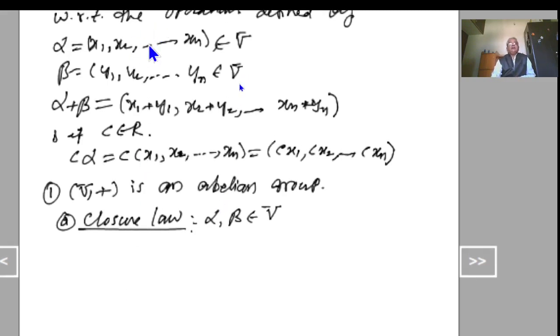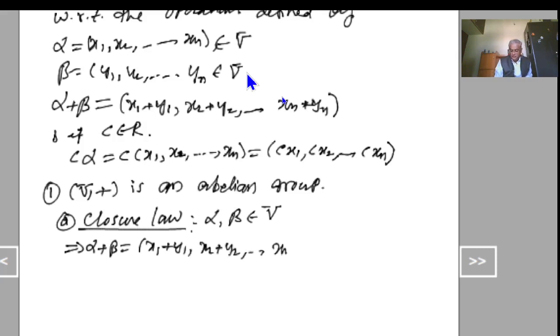Number 1, closure law. Here we have alpha and beta belonging to V. Alpha I have taken as (x1, x2, x3, ..., xn), and beta I will take as (y1, y2, y3, ..., yn). So this implies alpha plus beta is (x1 plus y1, x2 plus y2, ..., xn plus yn).